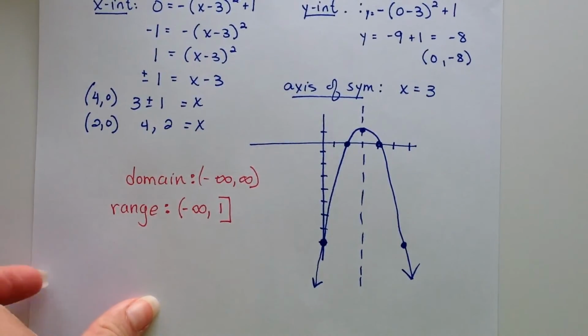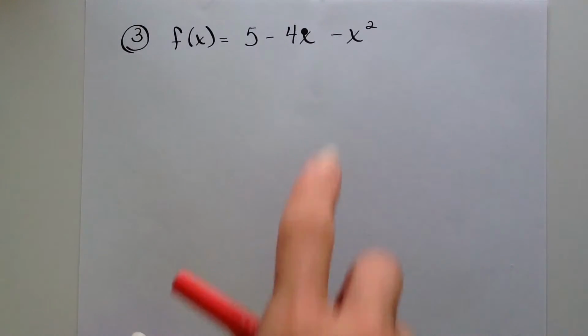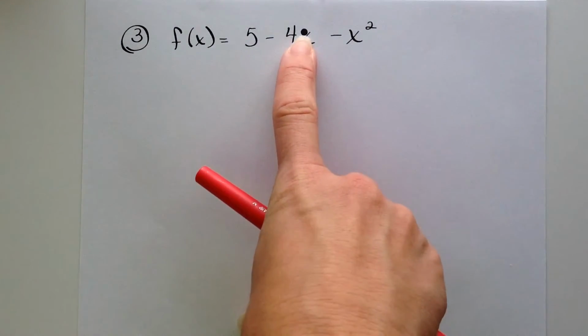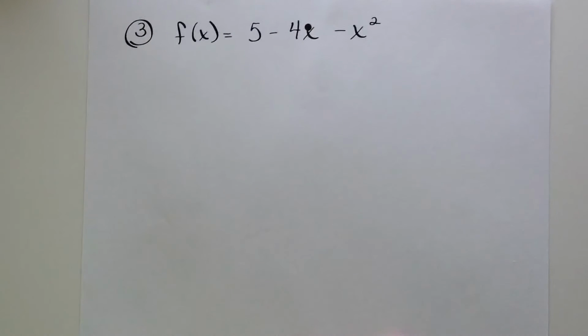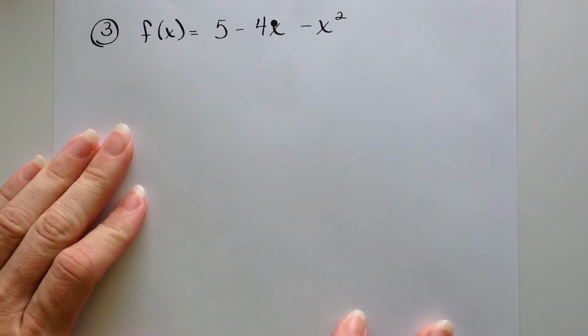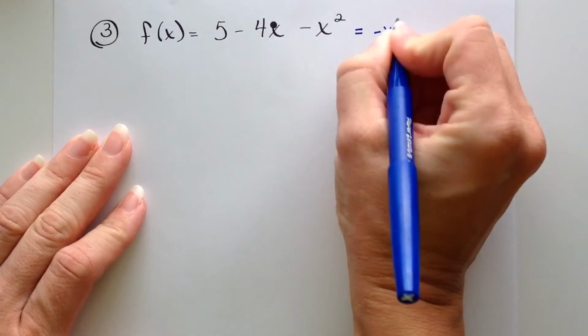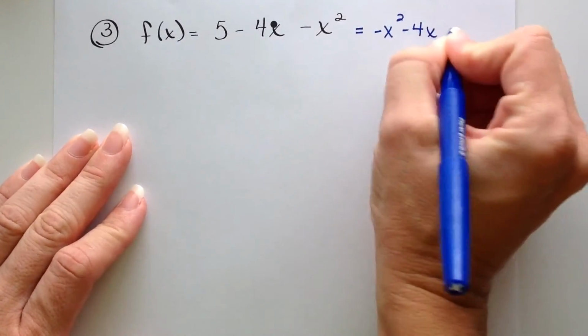Alright, the other one we're going to graph is one that's in the other form that we haven't looked at yet. It's just something got messed up whenever it printed. Now, if you want to put this in the correct order, because you're used to having x squared first, you can turn it around and have negative x squared minus 4x plus 5.